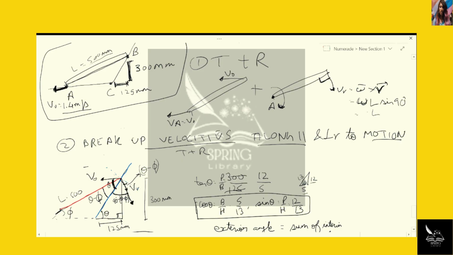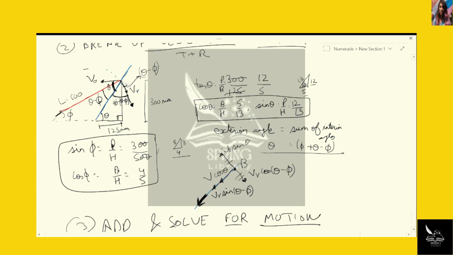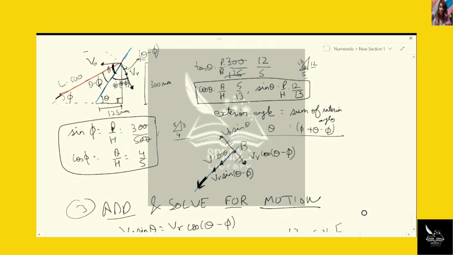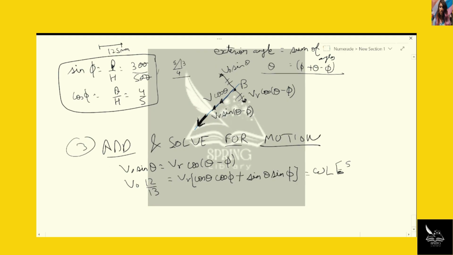So this is just omega L. This is our VR. So omega L times cosine of theta is, let's check, cosine of theta is 5 over 13. Then cosine of phi is 4 over 5. Then plus sine theta is going to be 12 over 13. And sine of phi is 3 over 5.